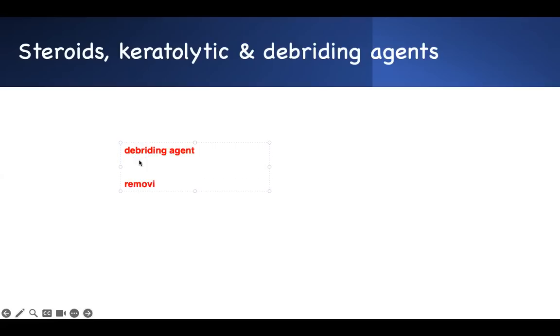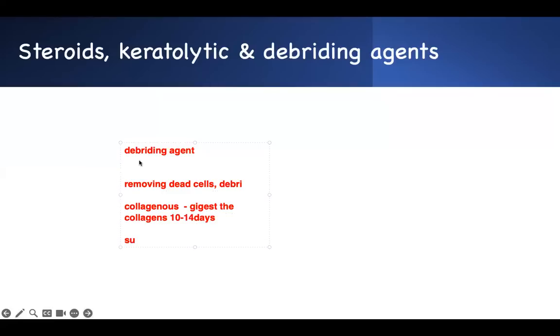They're removing dead cells and debris from the wound. An example is collagenase medication. It's going to digest collagen for 10 to 14 days. You do that as it breaks all the collagen down.